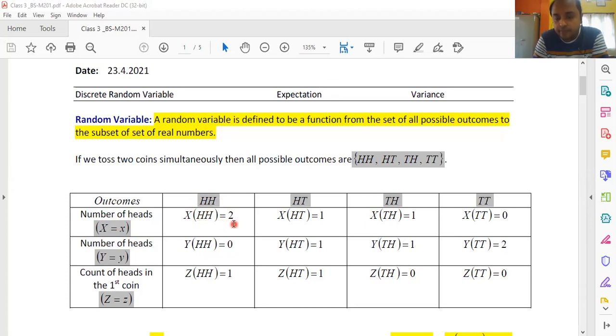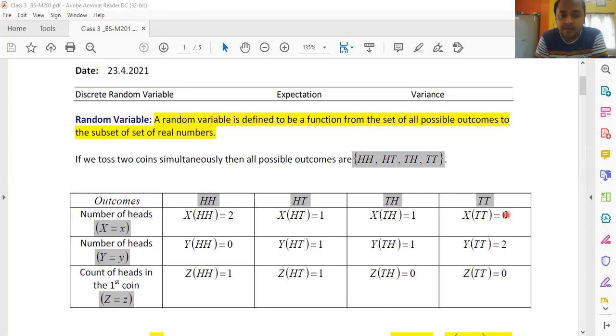Same thing when applied on the outcome HT gives you the count 1 for the head. For TH it is 1, and for TT, since there are no heads, the count is 0. So in this way, you can design your count of heads on the outcomes obtained by tossing two coins.